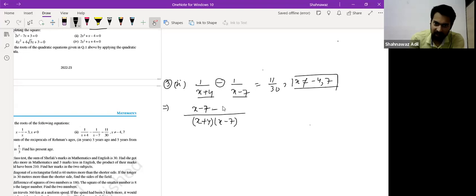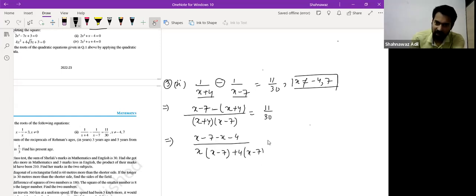So we have minus and minus, then bracket x plus 4, and this is 11 by 30. And then we have x minus 7 minus x minus 4, right? And this is x and x minus 7, then plus 4 x minus 7, right? This is 11 by 30.